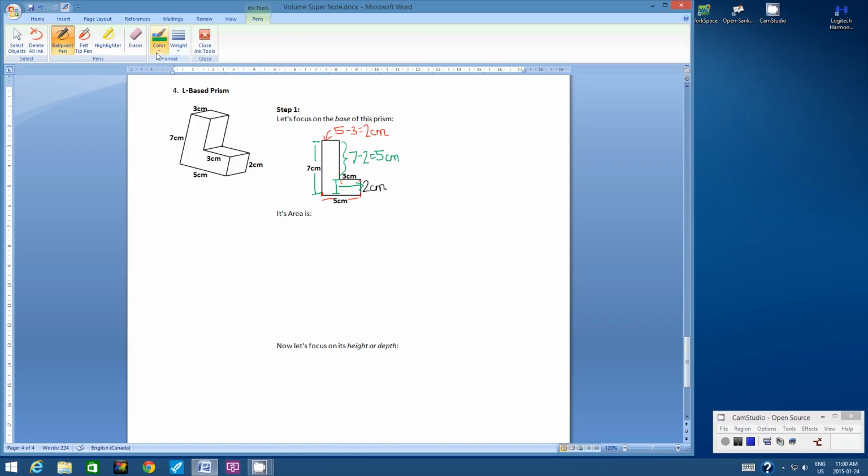Okay, so the next thing we have to figure out is how do we want to divide up this shape? So let me just draw a rough diagram here. Let's see how neatly this can go. All right, so there's two ways, isn't there? Hopefully you're looking at this shape and thinking, okay, we can divide it into two rectangles.